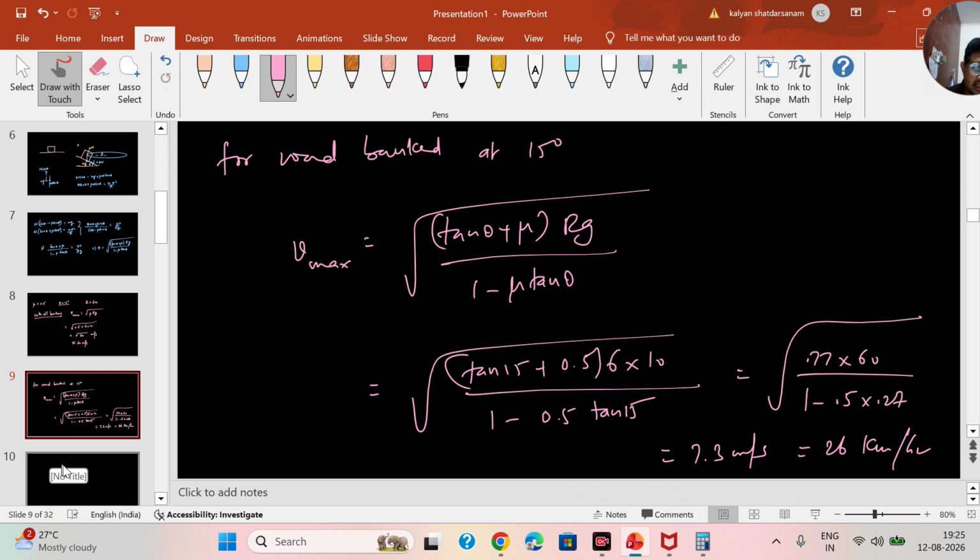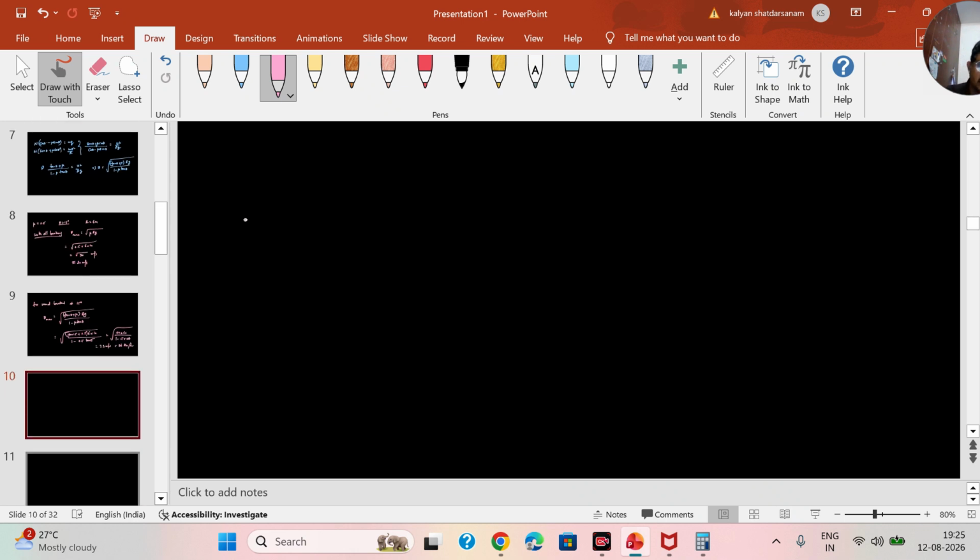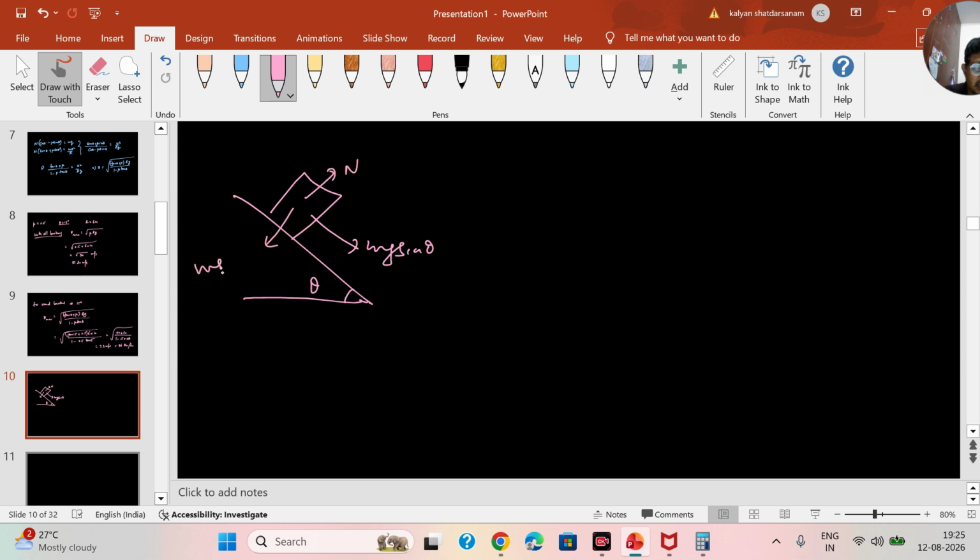Now there is another danger. If you bank too much, if you make the road huge like this, the stationary vehicle might start sliding down. In that scenario, what is the limit of that theta? Suppose there is a stationary vehicle, there is mg sine theta, there is n, there is mg cos theta, there is mu n, which is mu mg cos theta in our case.